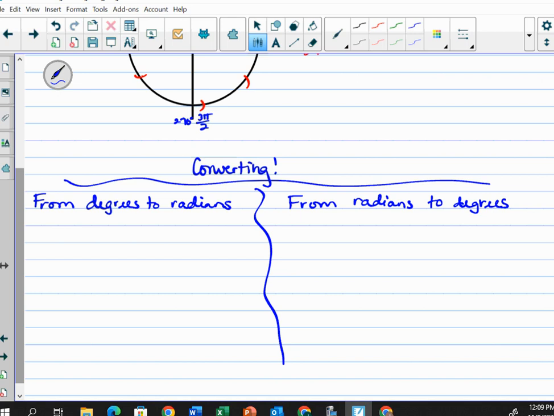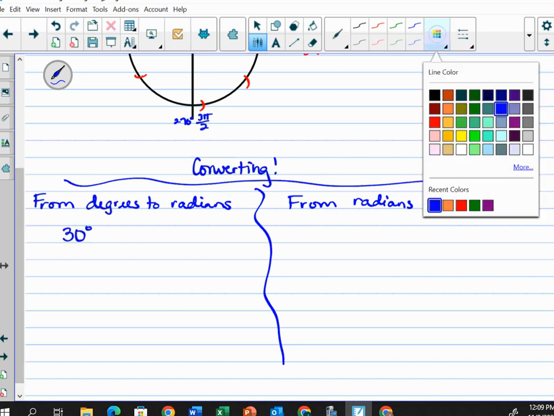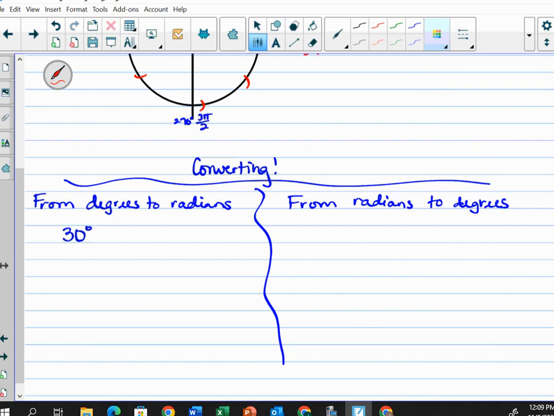All right, let's try one here. Okay, 30 degrees. So our conversion factor comes from what we just labeled on the circle up above. You guys know, like with distances, 12 inches is 1 foot, right? That's a special way to write 1. 12 inches over 1 foot is actually 1.